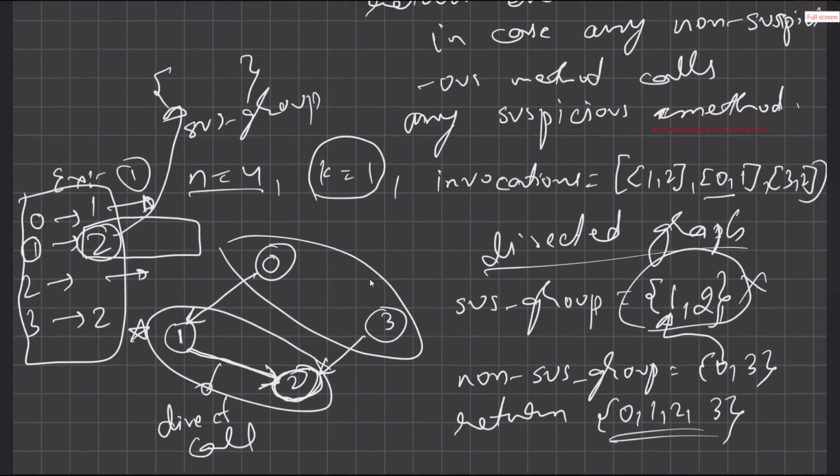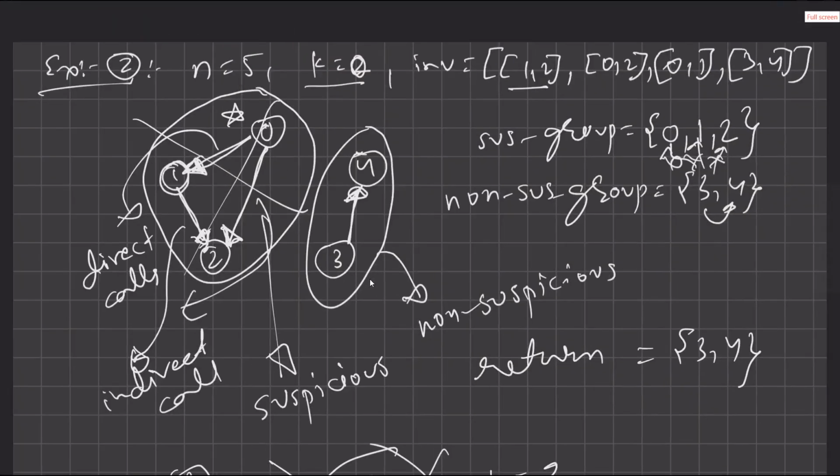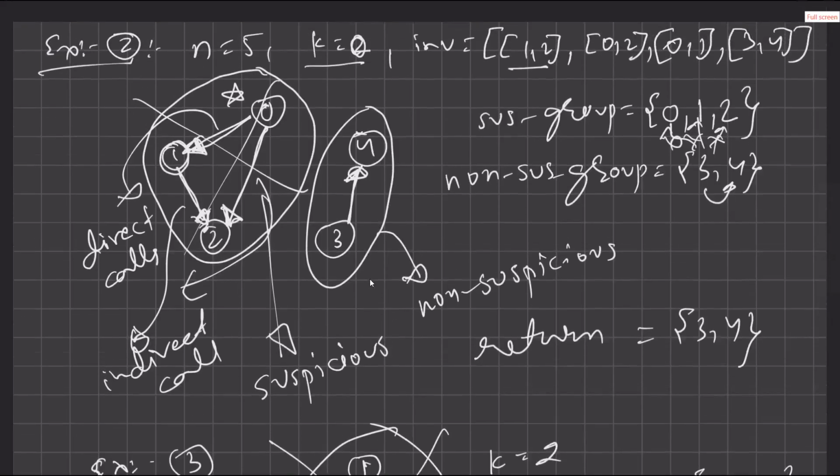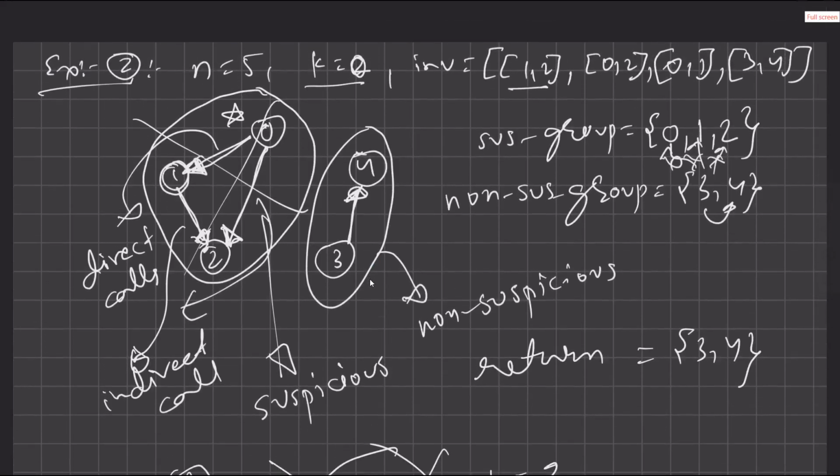Similarly, here you have 5 nodes, so 0, 1, 2, 3, 4.